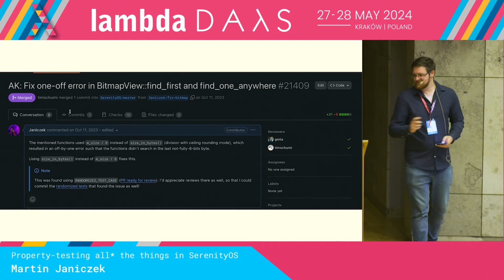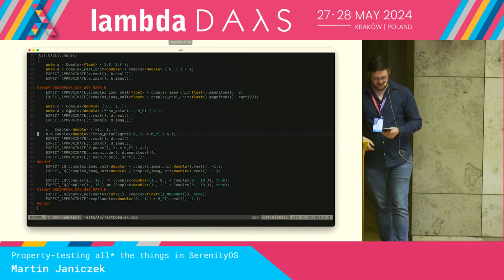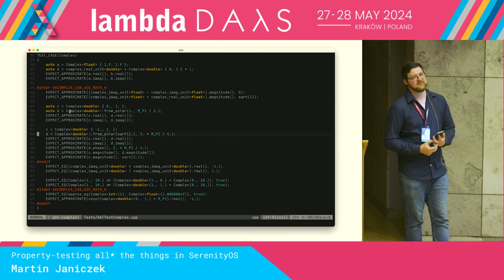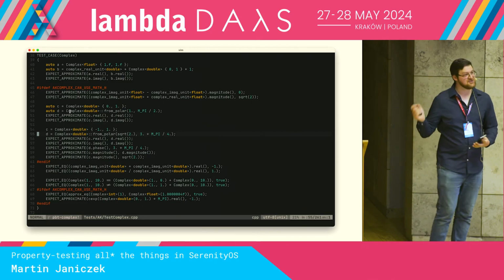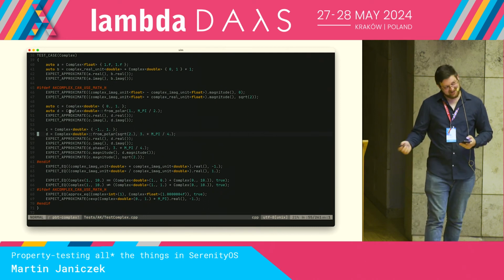So then I stumbled upon the complex number class, and it had only one single unit test that I lovingly called the kitchen sink, because it tried to do everything in a single unit test.